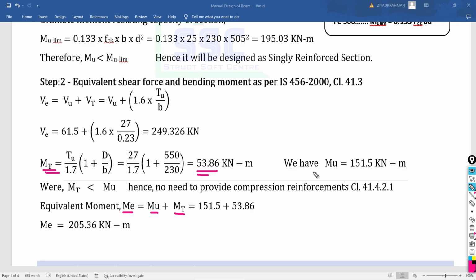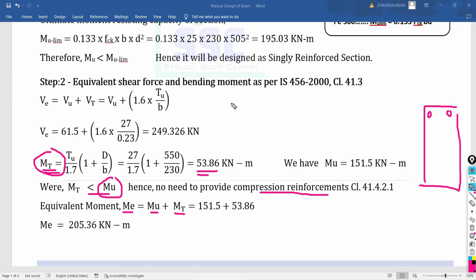Here, one more thing is specified by the code, IS 456 clause 41.4.2.1. What this code is suggesting is that when the torsional moment is less than the ultimate moment, there is no need to provide compression reinforcement, meaning reinforcement at the top. Earlier we saw the criterion of Mu compared with Mu limiting: when Mu is less than Mu limiting, singly reinforced; when Mu is greater than Mu limiting, you have to design a doubly reinforced section.